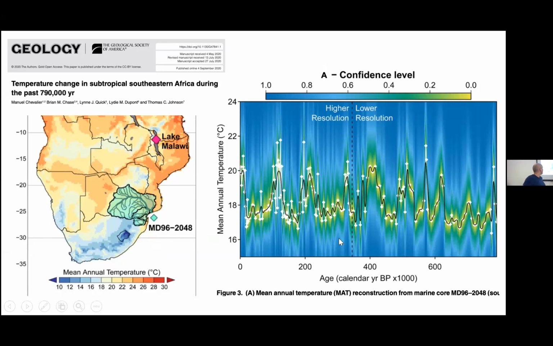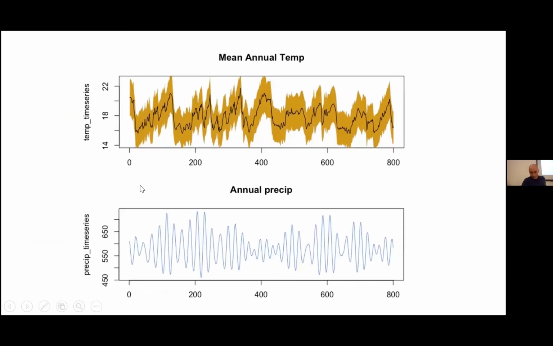So yeah, we extracted the mean annual temperature and annual precipitation simulations from that region, which looked like that: temperature on top and precipitation at the bottom. The yellow shading represents plus or minus the standard deviation of temperature within the box for each time step, just some form of uncertainty.